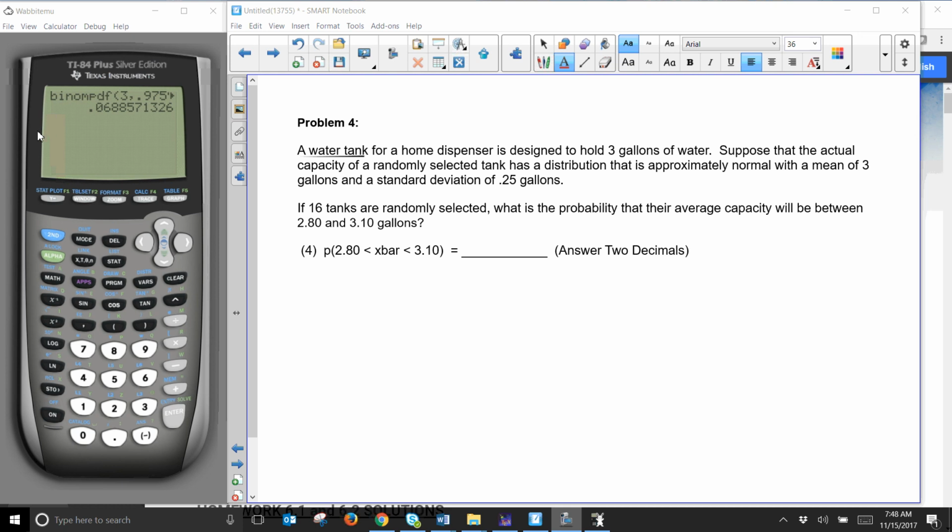Problem 4 is the water tank. We're going to pick 16 tanks, and we're going to find the probability that their average capacity will be between 2.8 and 3.10. Again, we're talking about average capacity here.